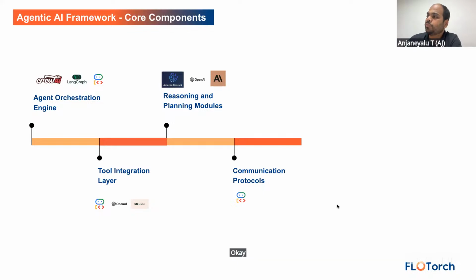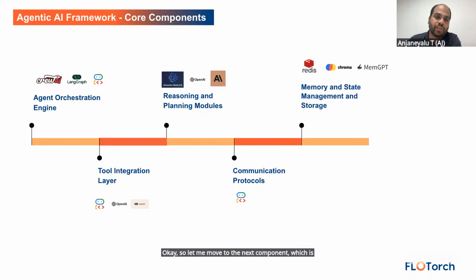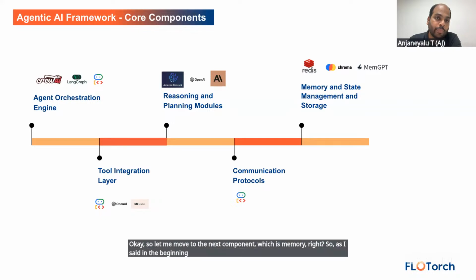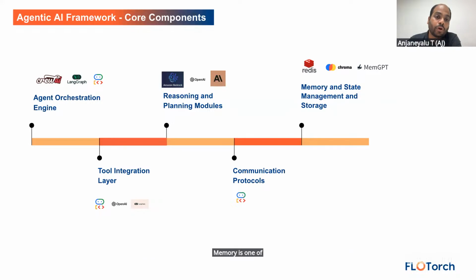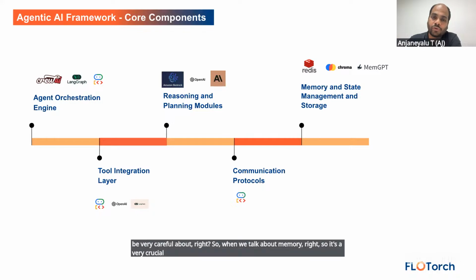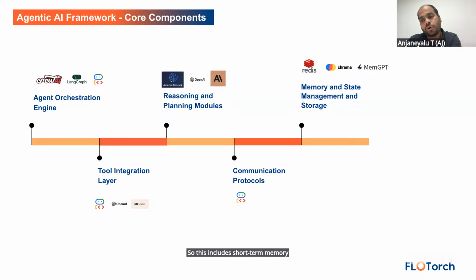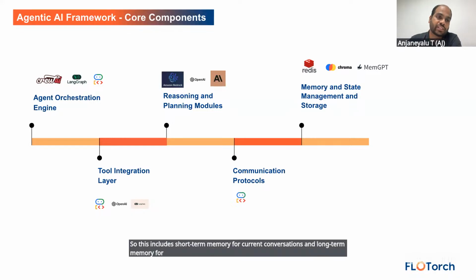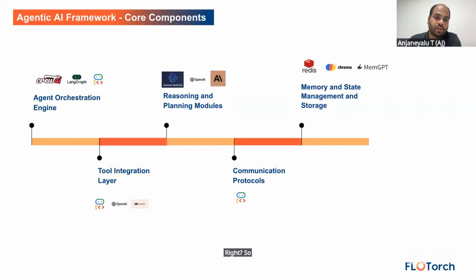So let me move to the next component, which is memory. As I said in the beginning as well, memory is one of the important components that we should be very careful about. It's a very crucial layer for creating agents that feel truly intelligent. This includes short-term memory for current conversations and long-term memory for learning from past interactions, both of which I mentioned earlier.